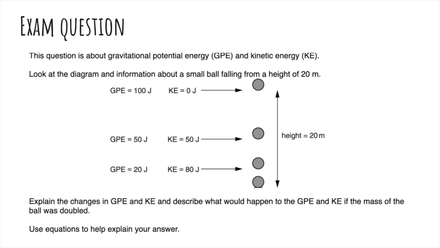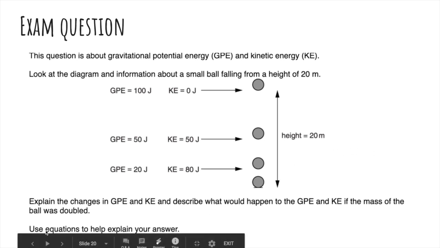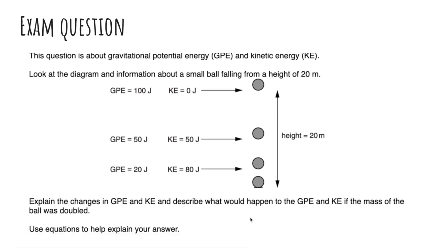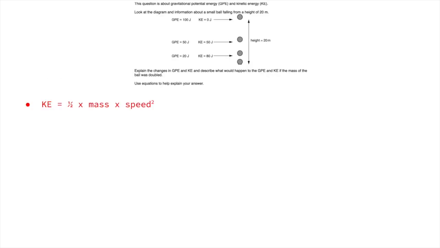So this is a 6-mark question. It's a particularly tough 6-mark question. We'll go through the answer together. The key thing to realise is the question's guiding you a little bit here. It's saying use equations to help explain your answer. So this is why it's really important to make sure you know these equations, because your first 2 marks are going to come from stating them.